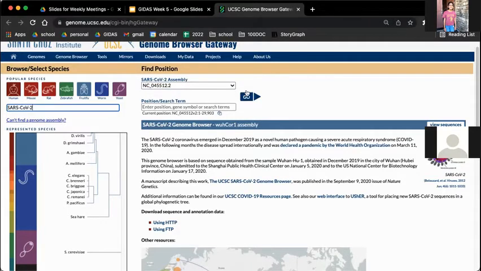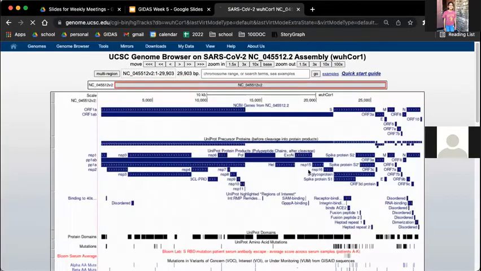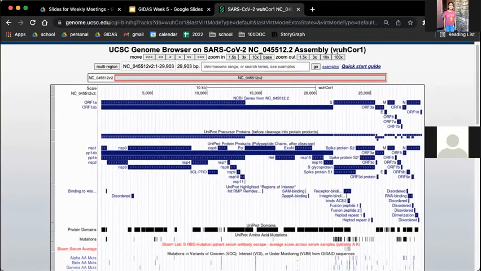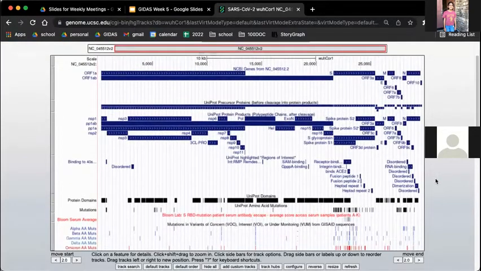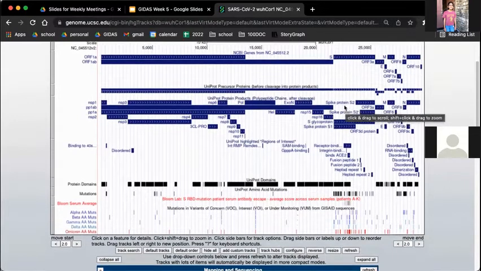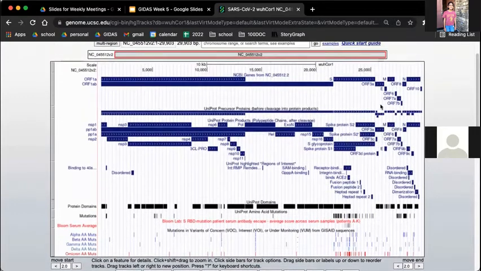So if we select COVID, then we'll be able to see, like, you can see different genomes, obviously, and then also the spike proteins.